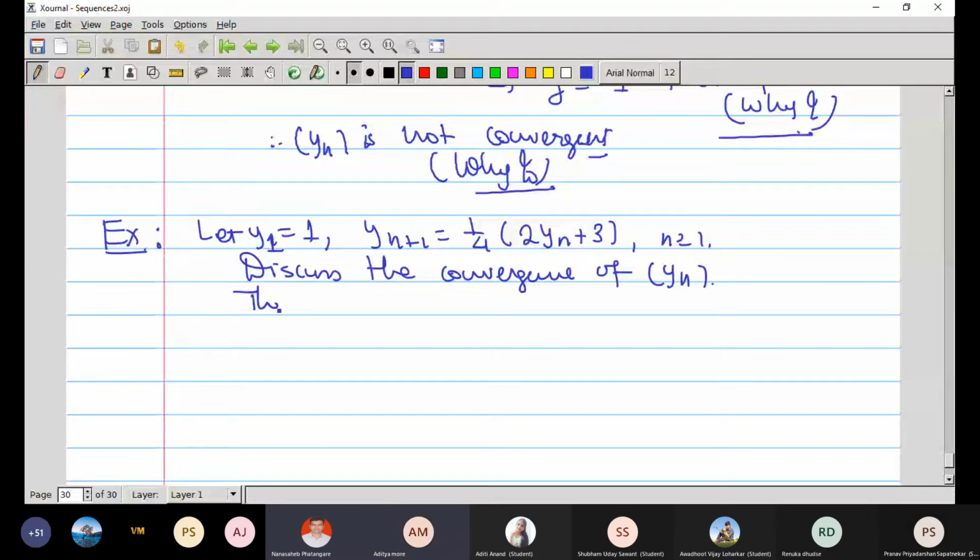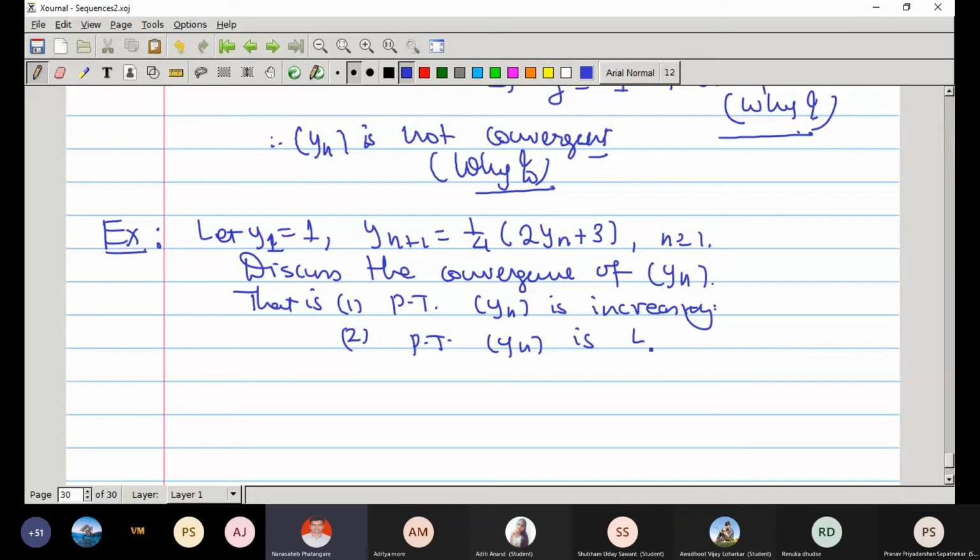That is, what you need to check is: prove that yn is increasing. Second point, prove that yn is bounded above. In this case, it is increasing, but it is not necessarily increasing every time, so we have to check.